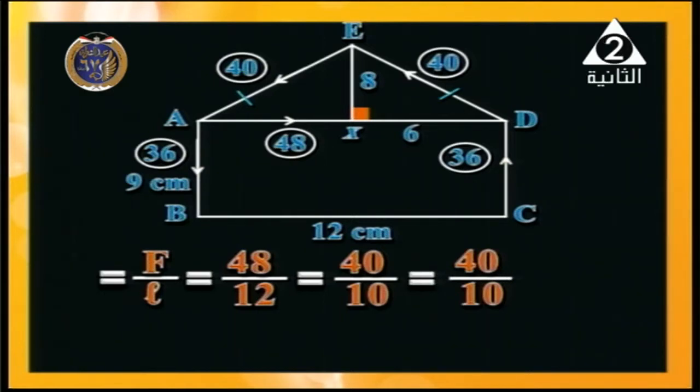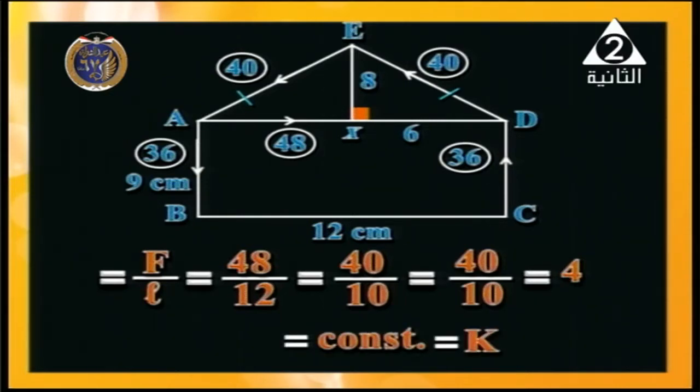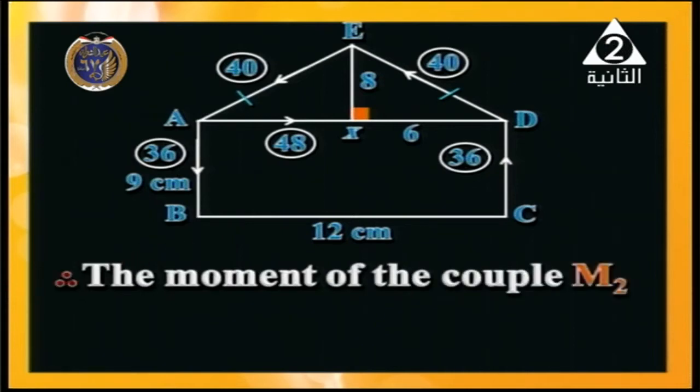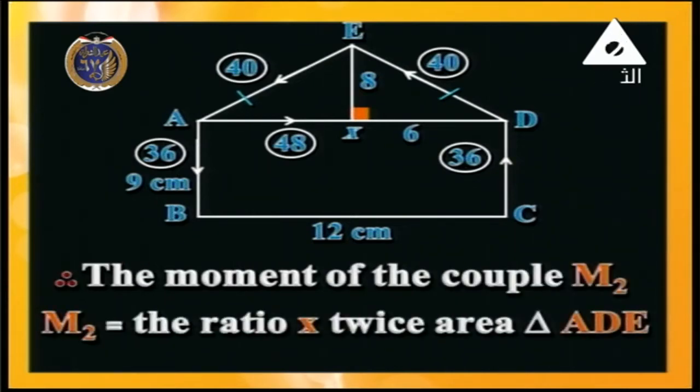The 40 acts on DE and the length of DE equals 10. Also, the force 40 acting on EA is 40 over 10, which also equals 4, the value of K, the constant ratio. Therefore, my dear student, the moment of the couple M2 equals what? The ratio multiplied by twice the area of the triangle.